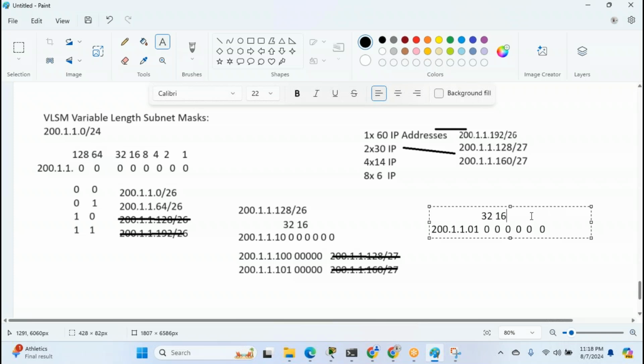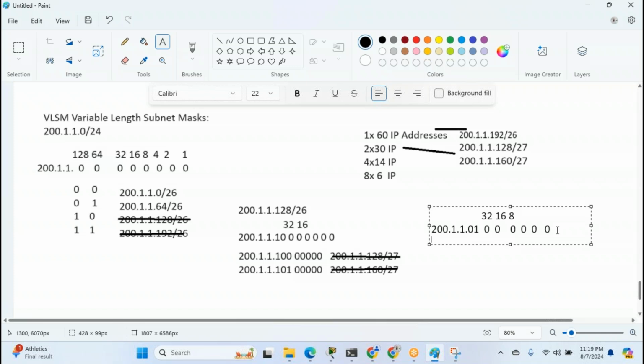Our requirement is 4 subnets of 14 hosts. It means we have to do the subnetting of another 2 bits. Those 2 bits are 32 and 16, because 14 is between 8 and 16.